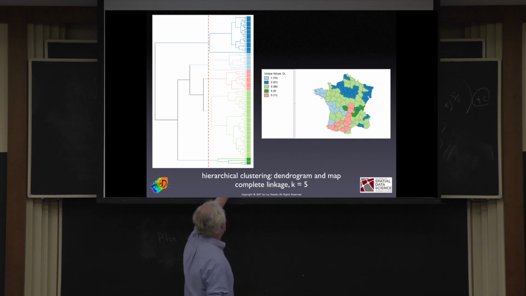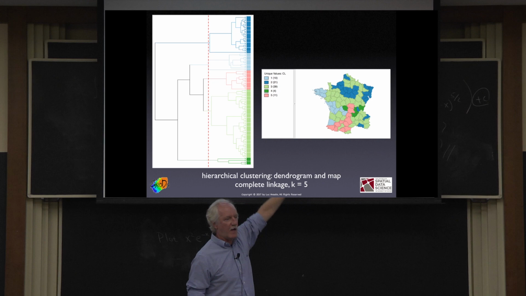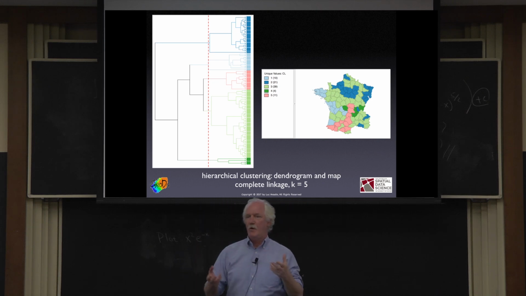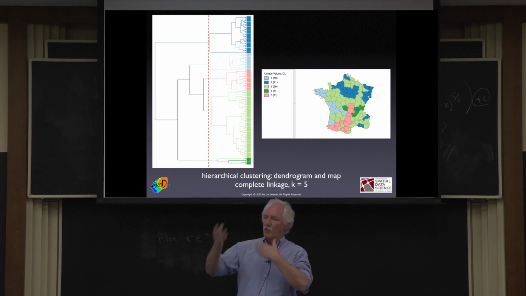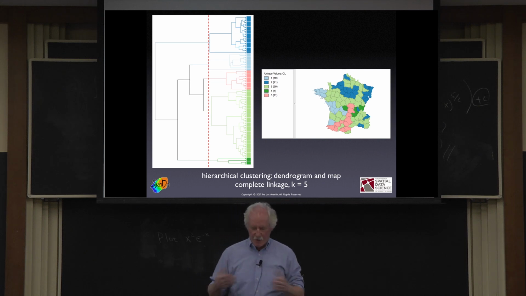So these are the leaves, these 2 together, these together here, and so you build up the tree, and then you put the line in the tree. In this particular case, it gives you 5 clusters. These observations are in cluster 1, then those are in the next one. So you have these colors, and the colors are matched by a map. So if you do this in GeoDa, you get the map on the fly. If you do it in R, you have to go through some contortions to make the map, but it's basically the same thing.